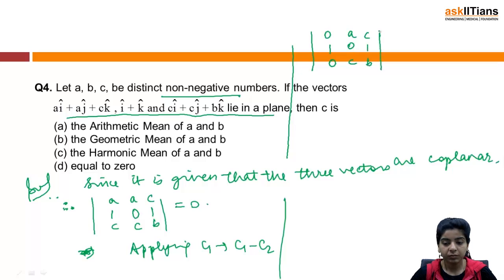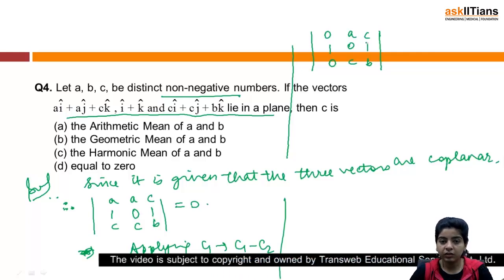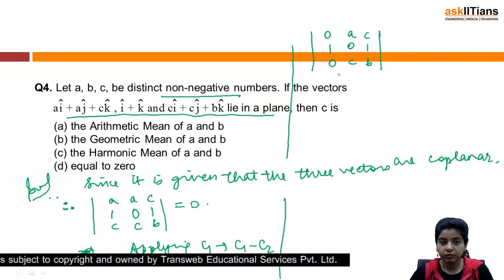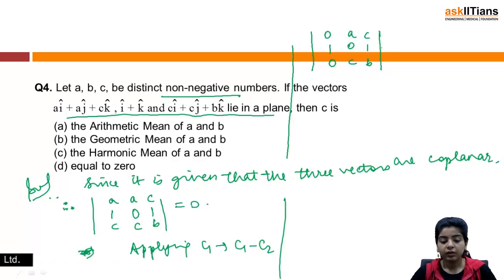Now see, in mathematics all the concepts are quite interrelated. So until and unless you know the properties of determinants, you will not be able to solve this question. So all these concepts are interrelated. Now this is equal to 0. So just expand the determinant, and we have minus 1 into ab minus c square is 0.